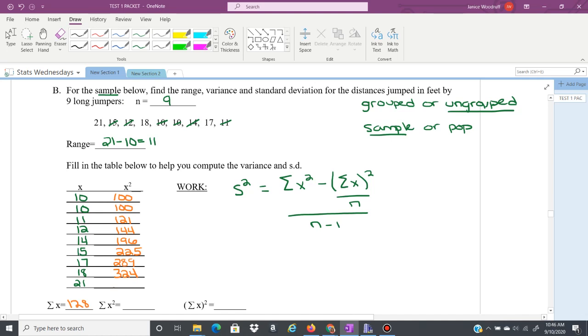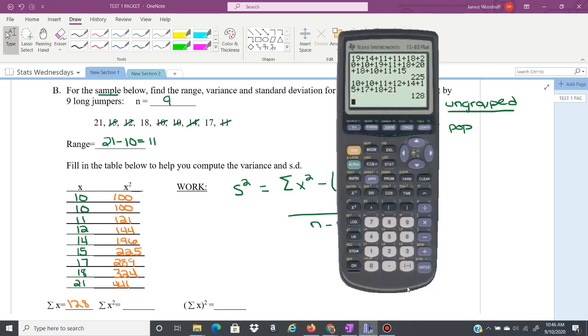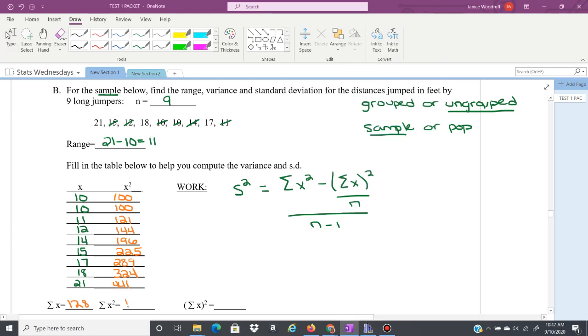And then 21 squared is 441. All right, I'm going to add all of those values to get my sum of x squared. So it's going to give me 1,940. So I add this column together.